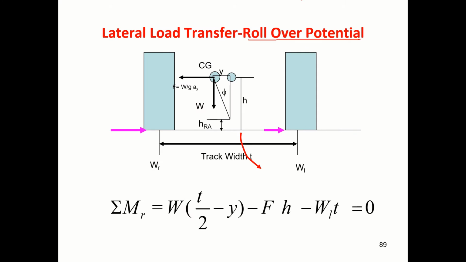Another thing that happens, because of the load transfer and because of the suspension, this goes down and this rises up. So the center of gravity which was here changes its position, because this load gets concentrated over here.